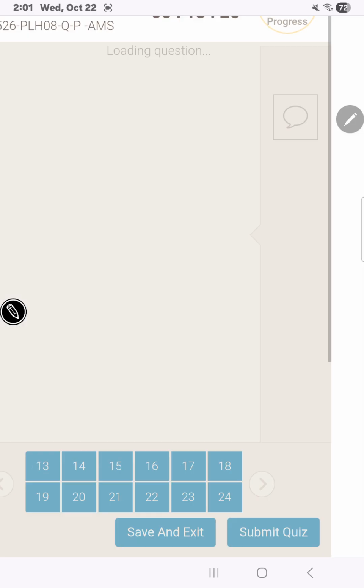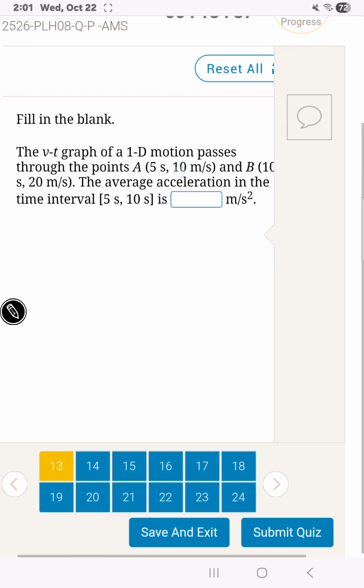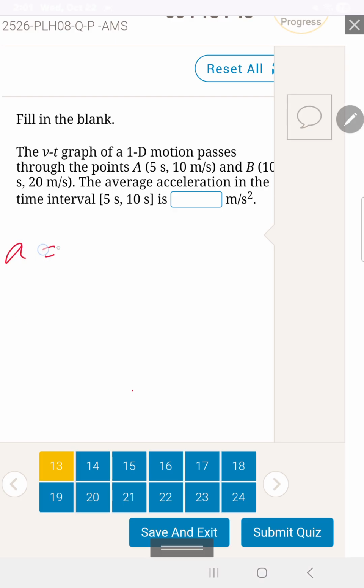Now, question 13. The VT graph of a one-dimensional motion passes through the points A (5, 10) and B (10, 20). The average acceleration in the interval from 5 to 10, what is it? Okay, acceleration equals slope, as we said.